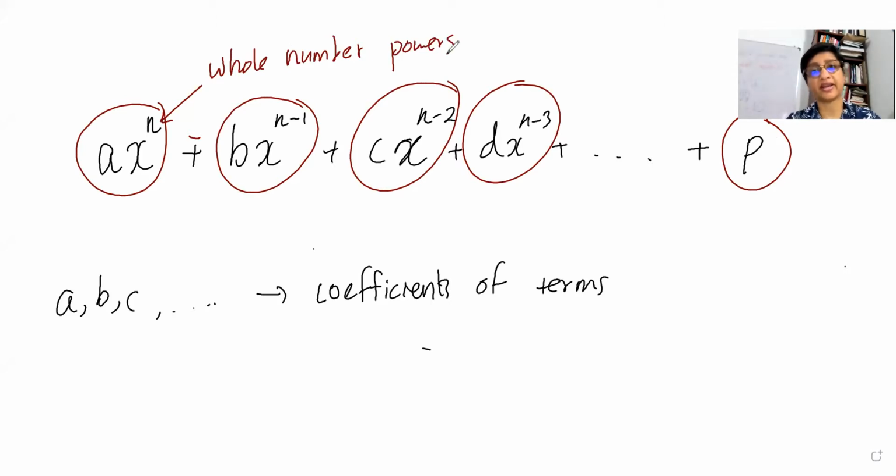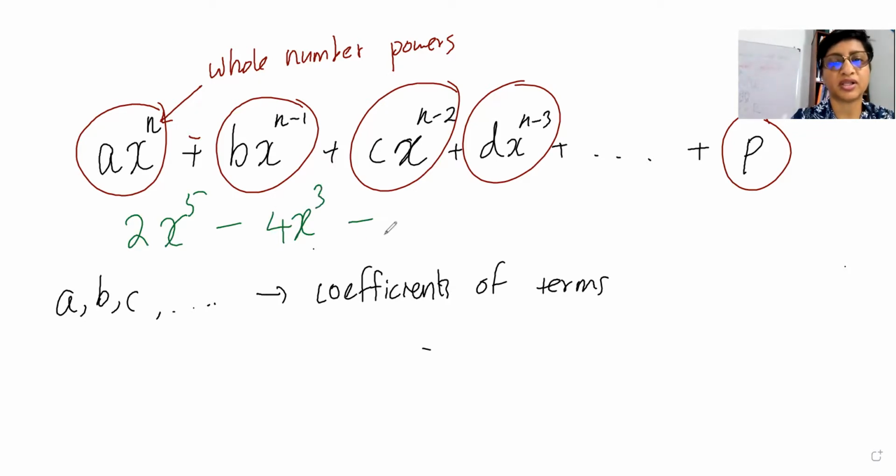Usually, when you write it out, you write the terms so that the powers are descending. That's not a must, but we always like to keep things pretty. So for example, you can have 2x to the power of 5 minus 4x to the power of 3 plus 8. This is a polynomial.